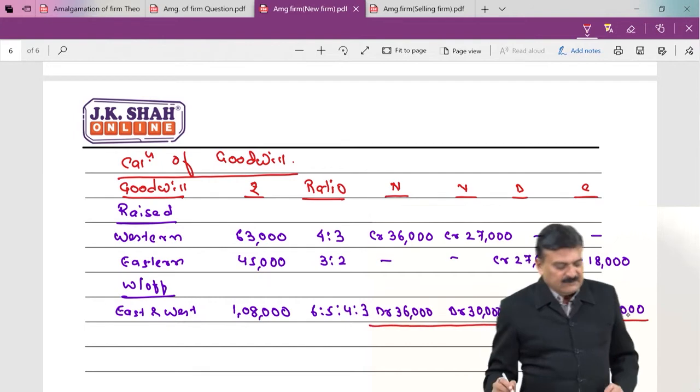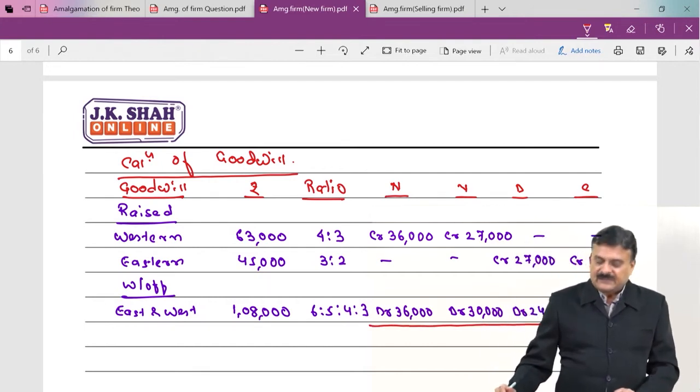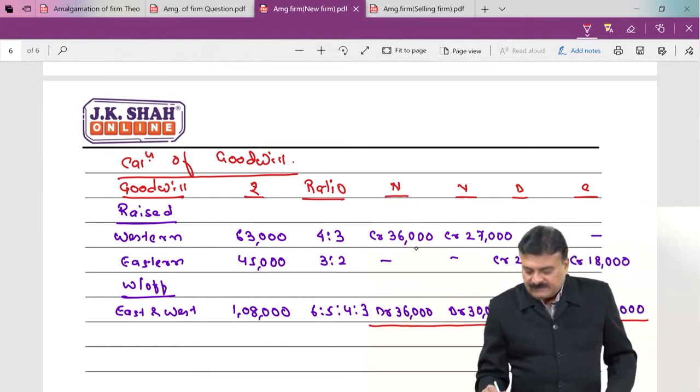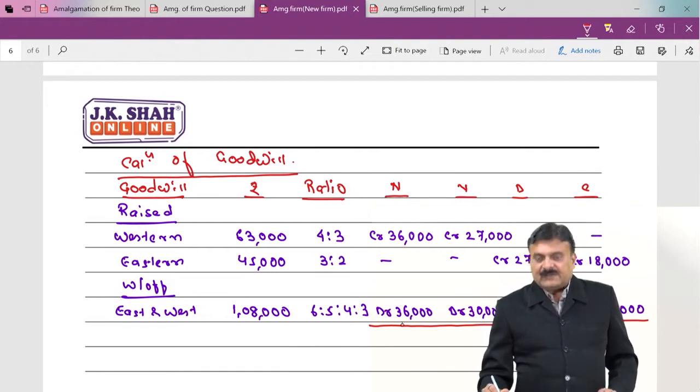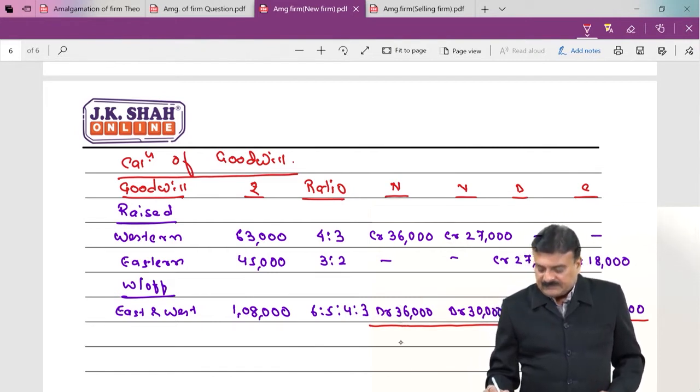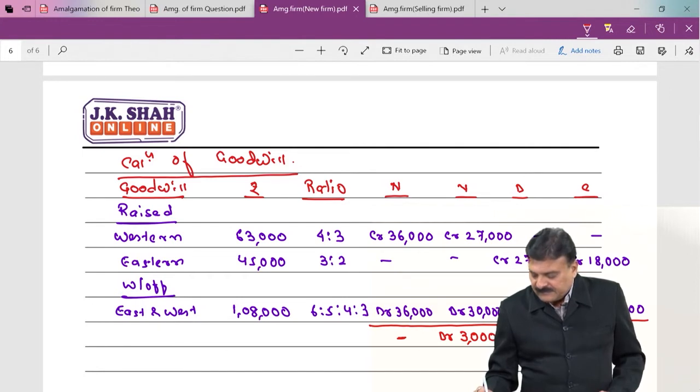My final answer will be affecting the goodwill part. Okay, see, credit 36,000, debit 36,000, so nil. Credit 27, debit 30, so it is debit 3,000. Credit 27, debit 24, so it is credit 3,000.